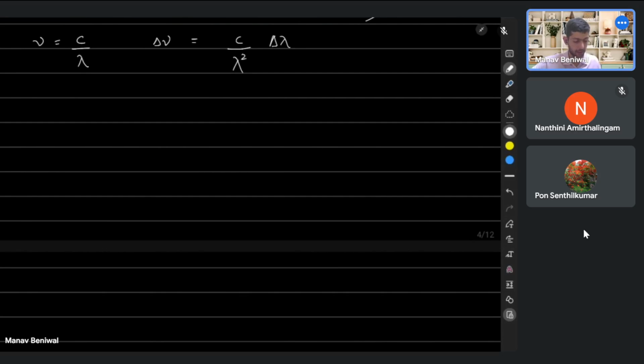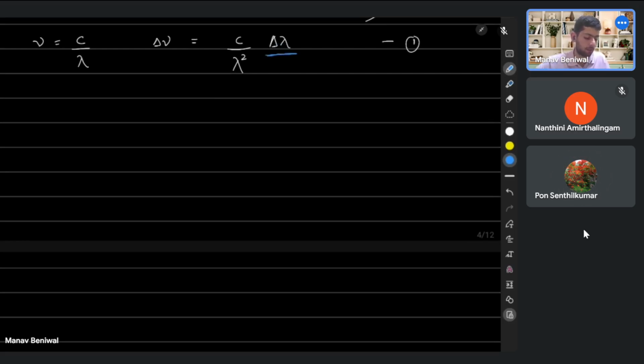So this is one relation where we have related that if you are given the difference in wavelengths, how do you convert it into the difference in frequencies. Okay, so this is equation 1, because we will use it later.